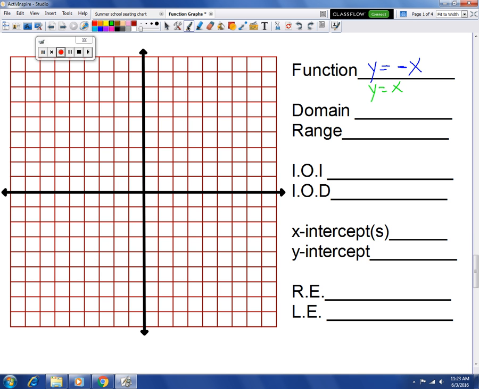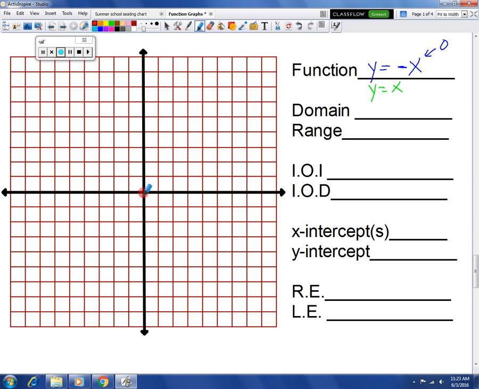What would y equals -x mean? Well, I took the time to plug some numbers in, which you can do. If I plug in 0, what's -0? Well, there's no such thing as a -0, really not a positive 0 either. I still get a 0. So just like y equals positive x, I'm going to have a point right here at the origin.